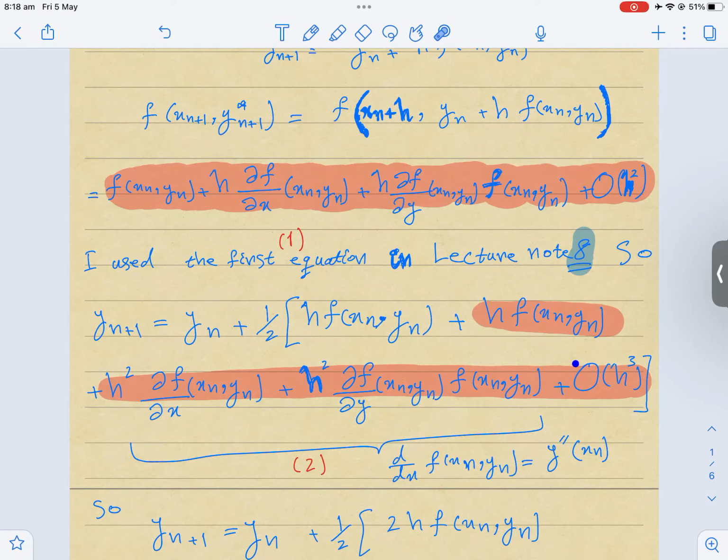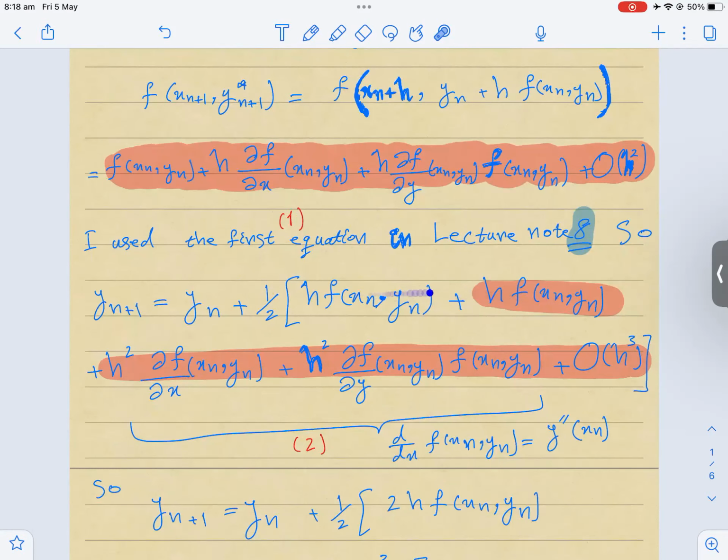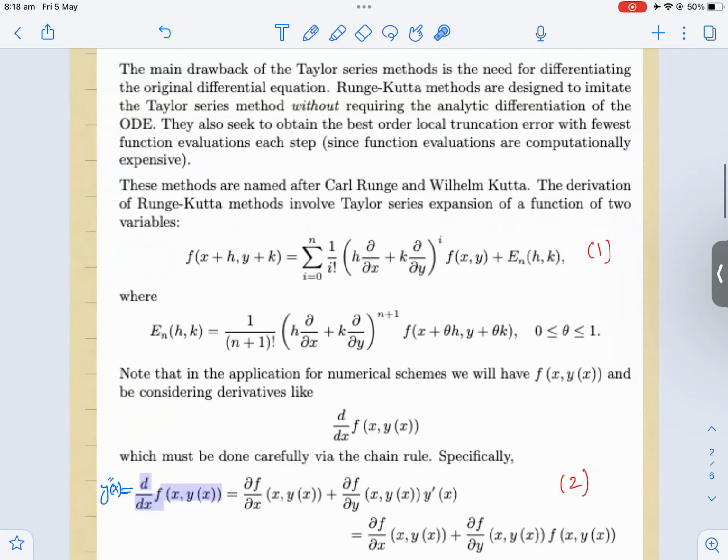I think the monitor is visible for you guys. Now, what is this? These are two of them. See this term, h squared times d over dx of f, the total derivative of f at x_n and y_n, which is equal to y double prime. You don't believe me? Okay, no worries.